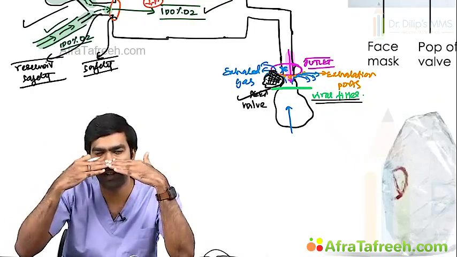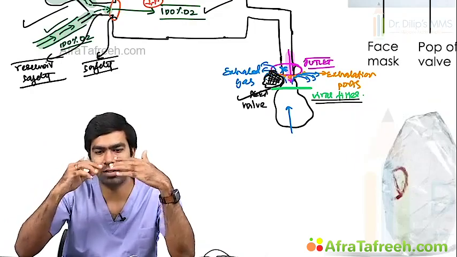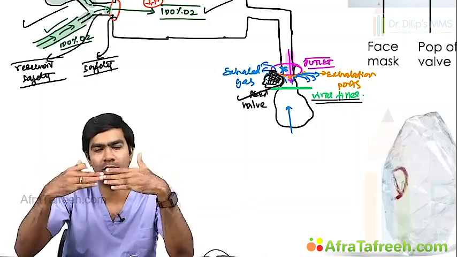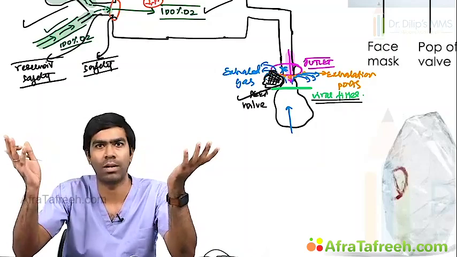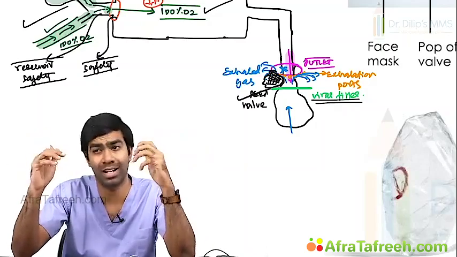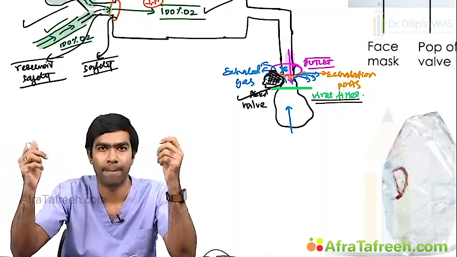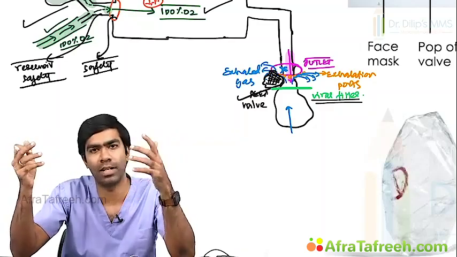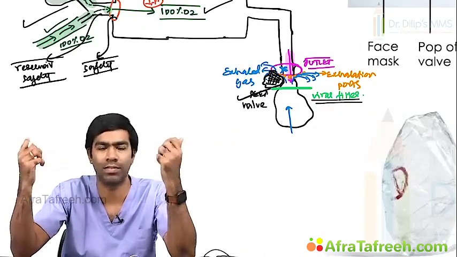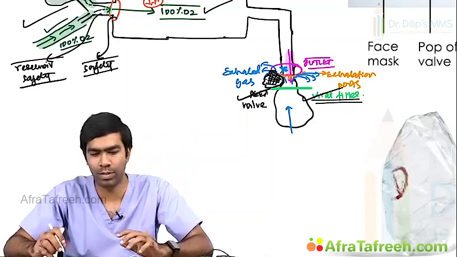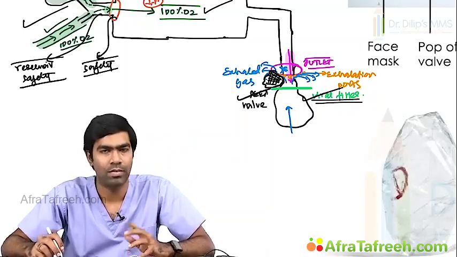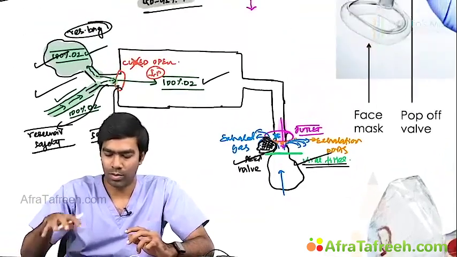When you add a viral filter immediately after the mask, gases passing through it will be filtered of viral particles, and the gas releasing into the atmosphere will be free of virus. At least the amount of virus will be less, so that healthcare personnel will have less chance of infection. So that's the reason why you use a viral filter. Please use viral filters in the COVID period when you are using an AMBU. Very important point. So this is how it functions.